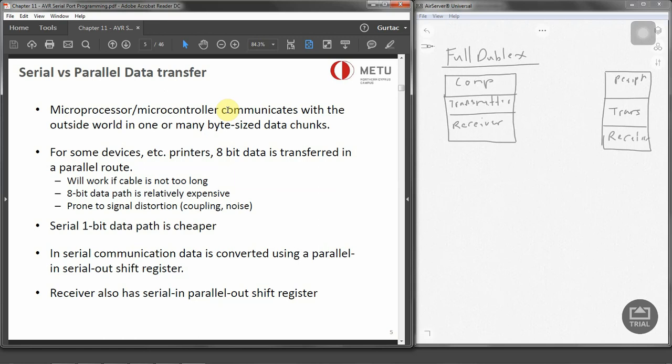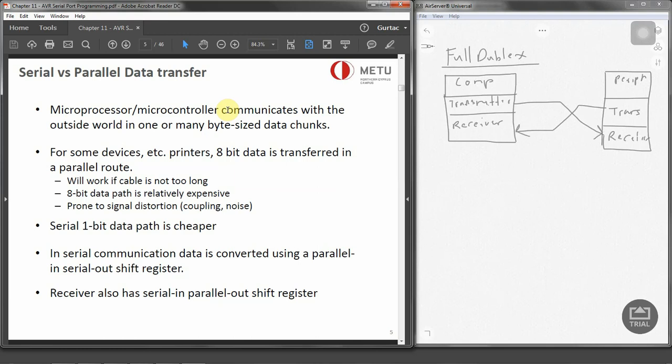And what is actually happening? Transmitter actually sends the data to the receiver online, and the transmitter on the other side sends a data to the other one.